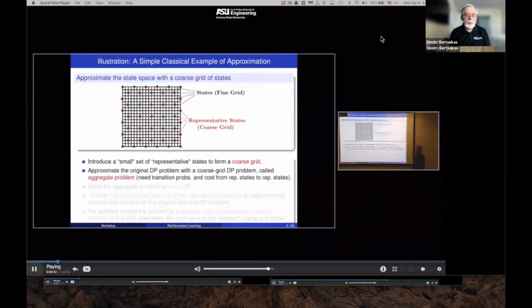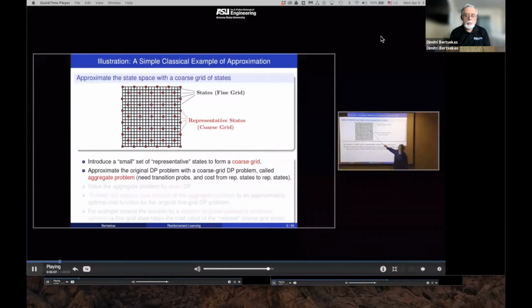So now, the idea here is to approximate the original dynamic programming with a coarse grid dynamic programming problem, whose states are these fewer red dots. To do this, we have to form an aggregate problem, and for this we need transition probabilities from red states to red states. How do we move under the influence of control?